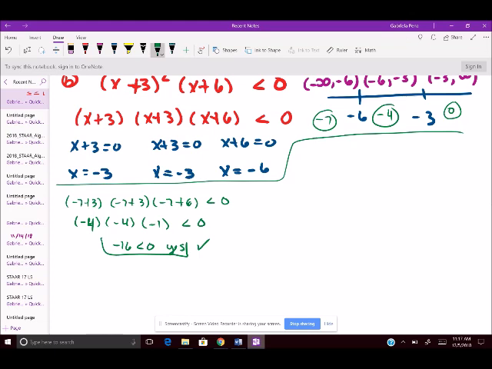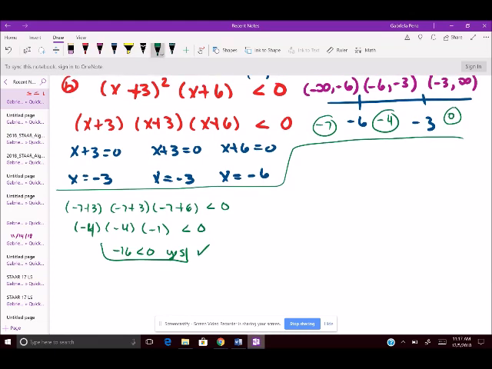And then I go ahead and I try the -4. -4 plus 3, -4 plus 3, and a -4 plus 6 is less than 0. So -4 plus 3 becomes -1, -1, and -4 plus 6, a positive 2.